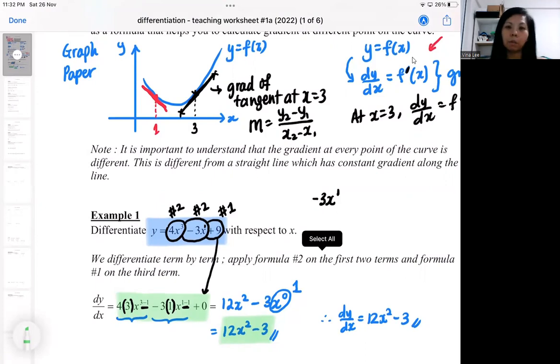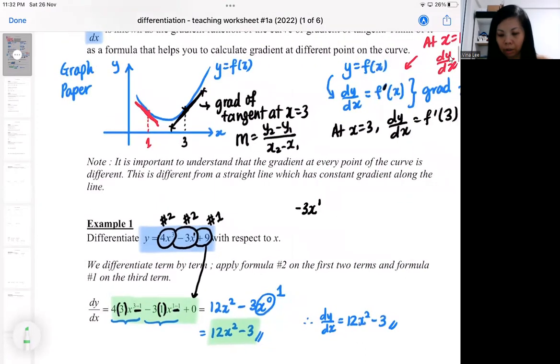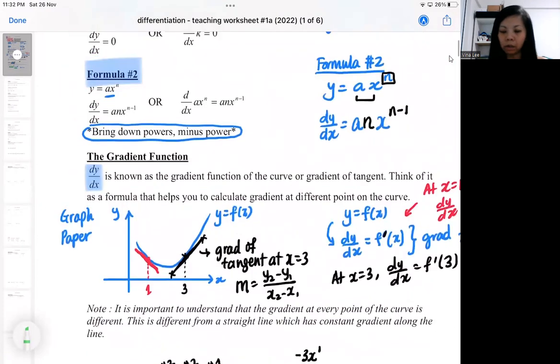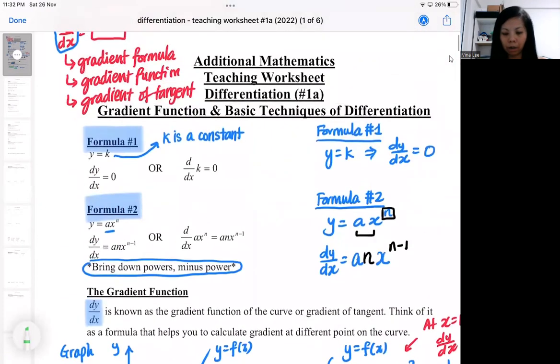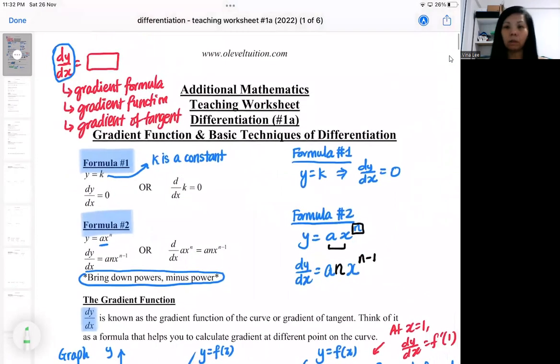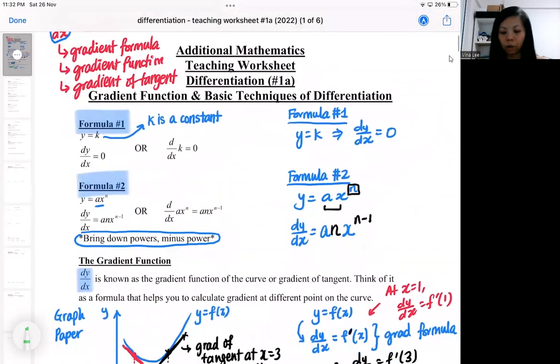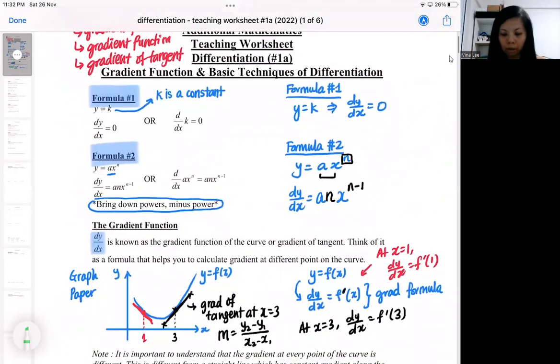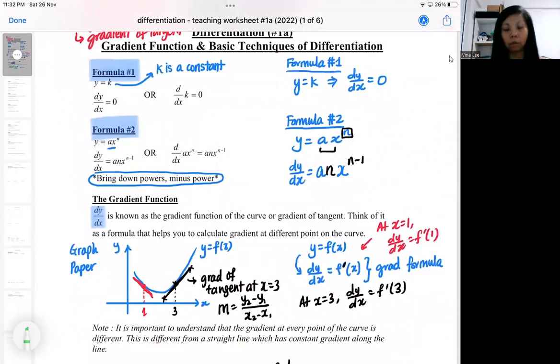There are some examples that are a bit confusing because they involve indices and algebra. Basically at this stage, you need to understand you already learned two formulas to achieve your dy dx. And what's your dy dx? Your dy dx is the gradient function, the gradient formula, or gradient of curve, or gradient of tangent. There are a lot of names for it. In a nutshell, it's just a gradient formula.